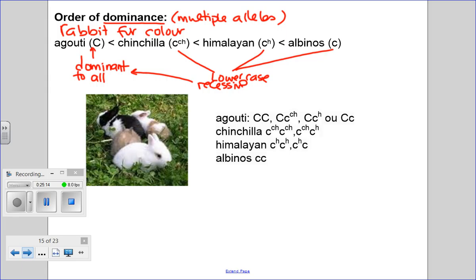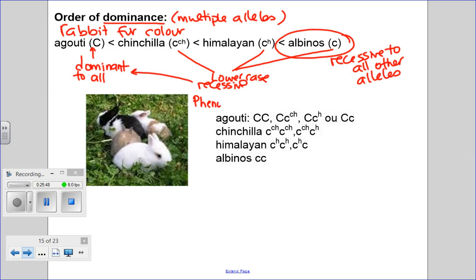It would be recessive compared to chinchilla, but dominant compared to albino. Now, albino is the last one. Albino would be recessive to all other alleles. You would not be expected to have known this. We would always give you this information or tell you what was dominant so that you knew what kind of combinations you could make.